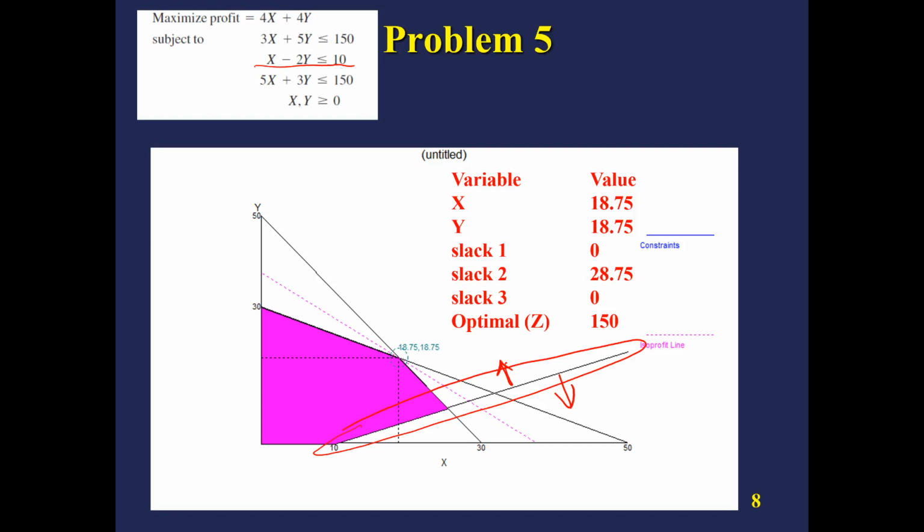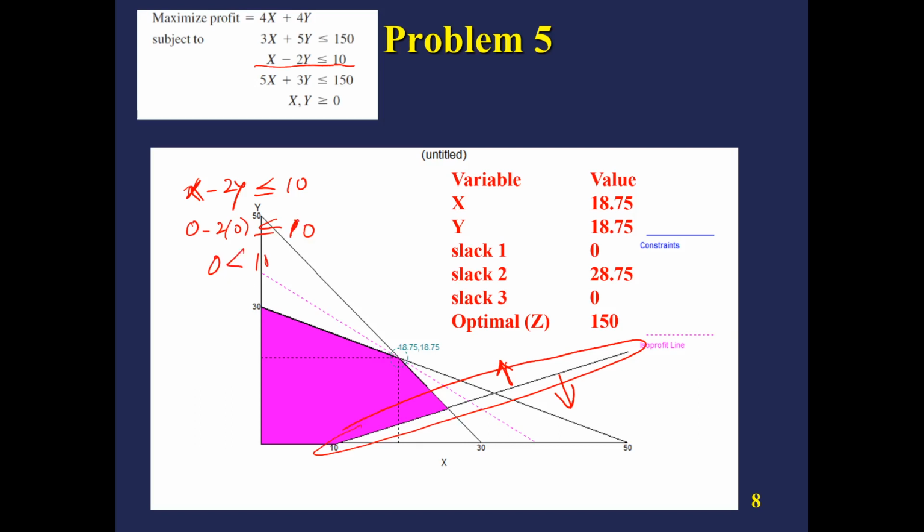Then x minus 2y is 0, and 0 is less than 10.